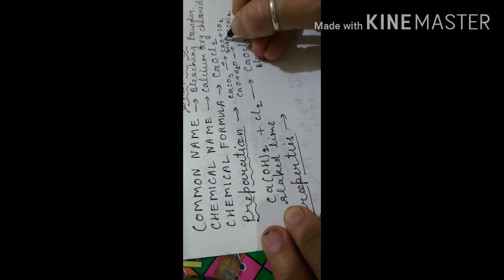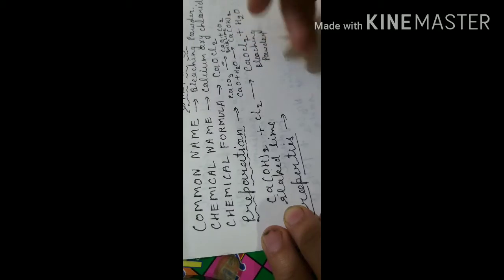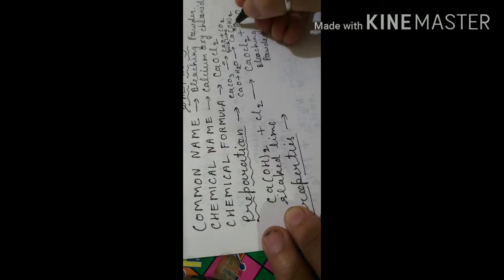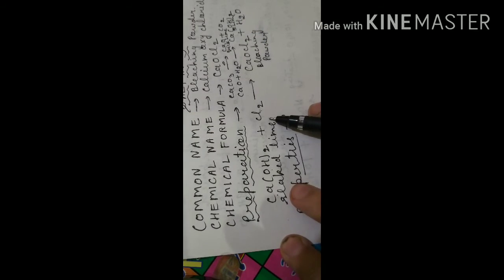So you must know that when quicklime is treated with water, it is converted into slaked lime. Here I am writing this for slaked lime, and when this slaked lime is treated with chlorine gas, bleaching powder is formed.